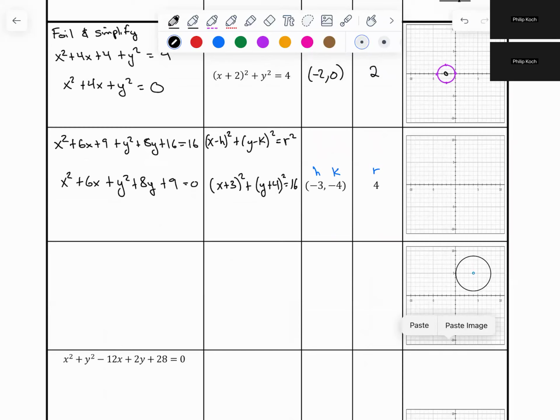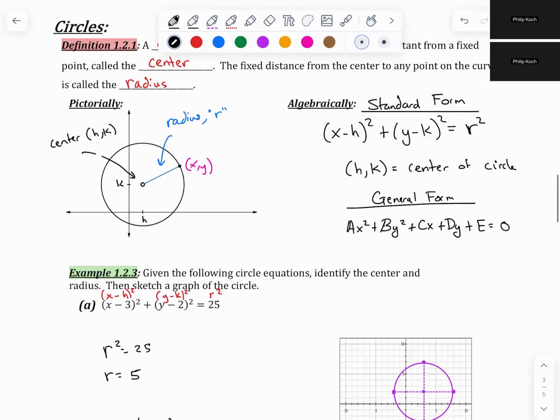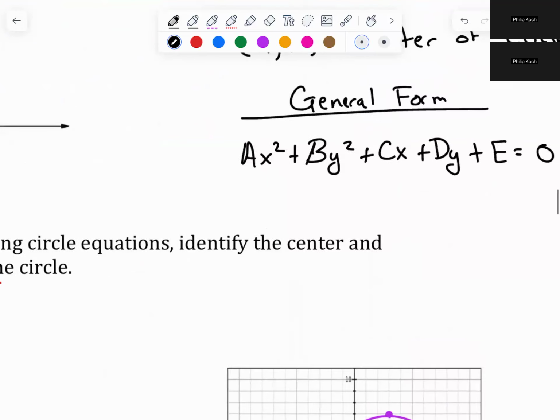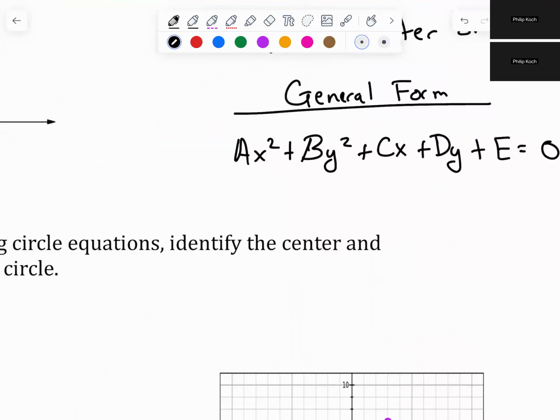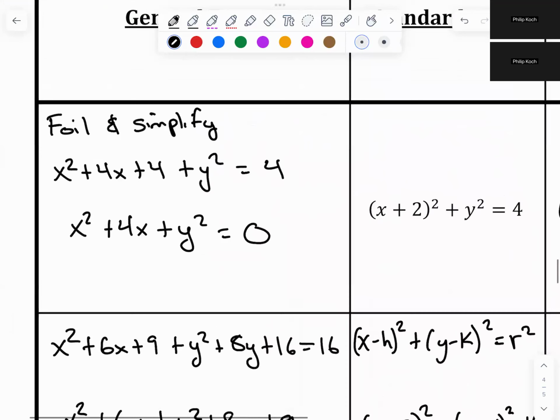Yes. The form that you gave us for general kind of contradicts what you said. Is it in order of the powers? Would it be x squared and then y squared next? Excellent question. So what's the name again? Bryson. Bryson's asking, so the way I wrote general form is ax squared, by squared, cx, dy, e, so in descending order of degree. Whereas the way I wrote it here is in terms of descending powers of each variable separately.